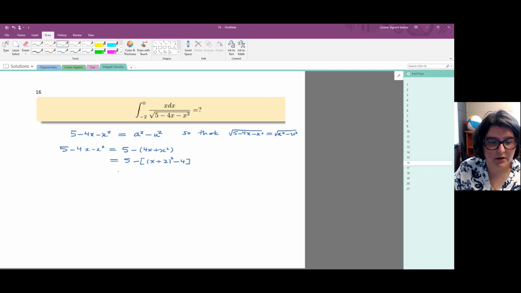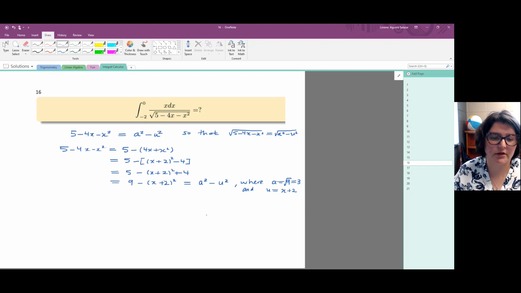So here we have 5 minus x plus 2 squared, minus times minus gives us plus 4. So there is 9 minus x plus 2 squared. And here is our a squared minus u squared, where a is the root of 9, so that's 3. Let's take the positive root, and u is x plus 2.